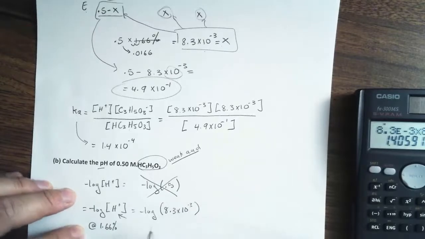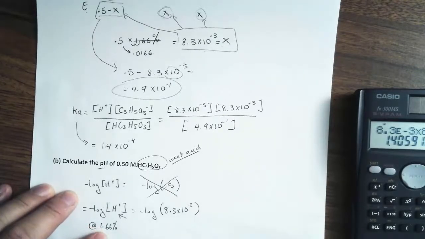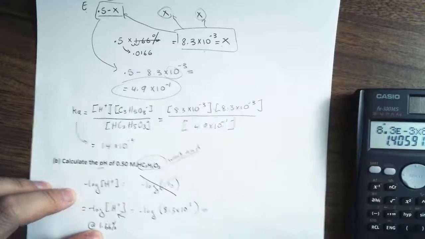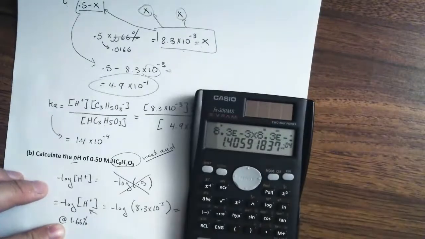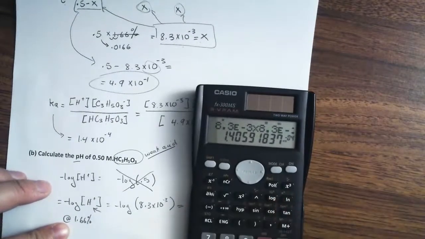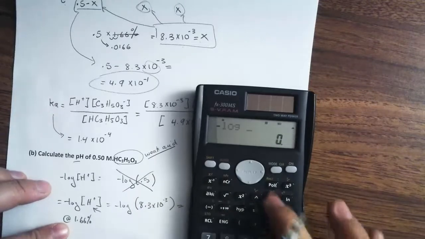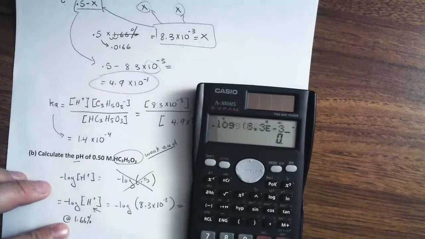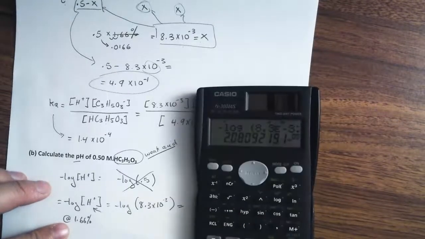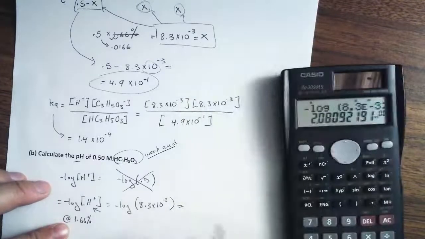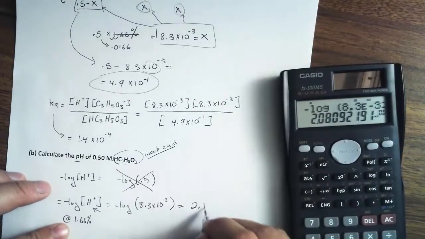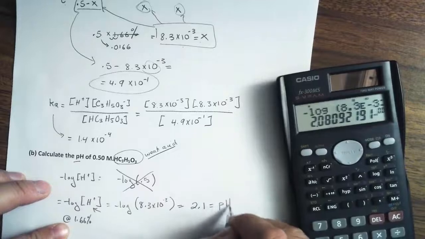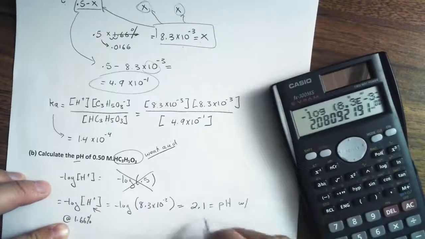That's the concentration at 1.66% dissociation. And what does that give us? Negative log of 8.3 exp to the negative 3 gives us 2.08, which we can round up to 2.1, and that is equal to our pH with 1.66% dissociation.